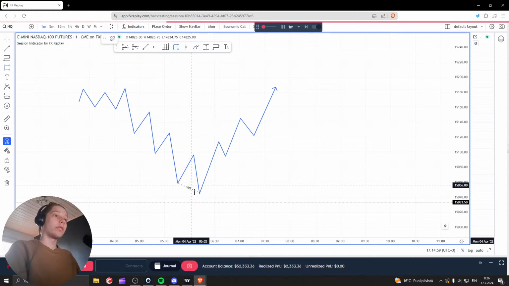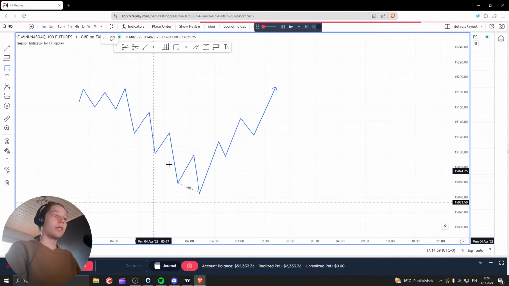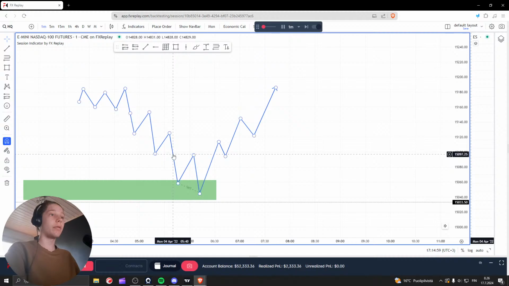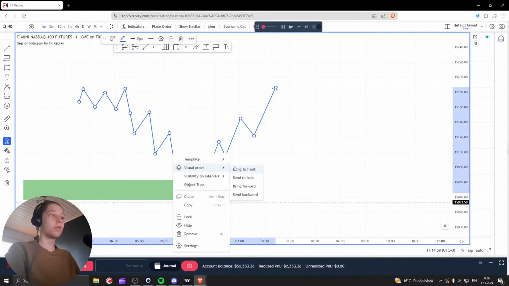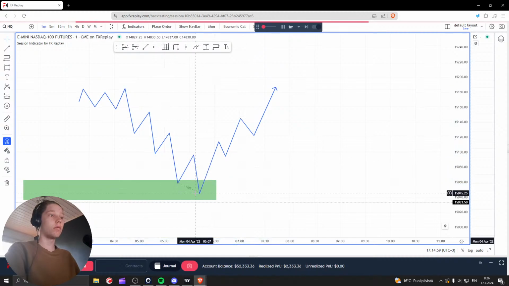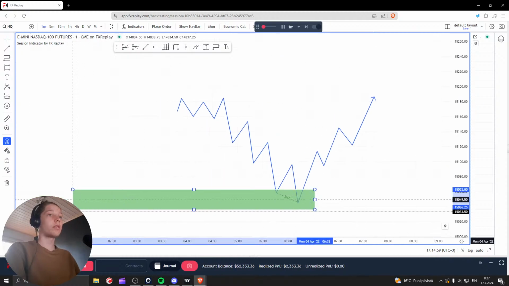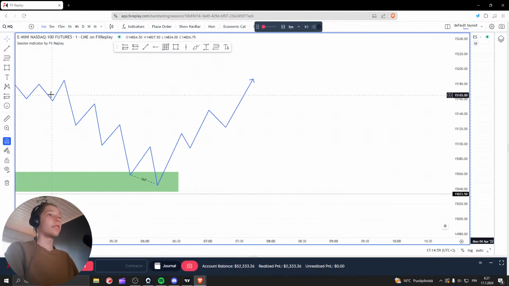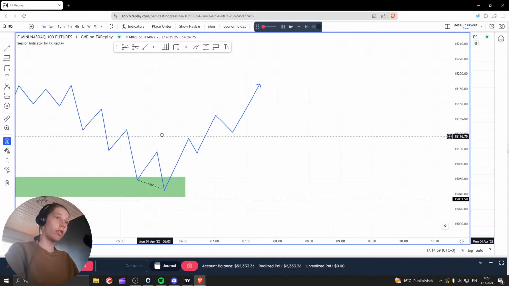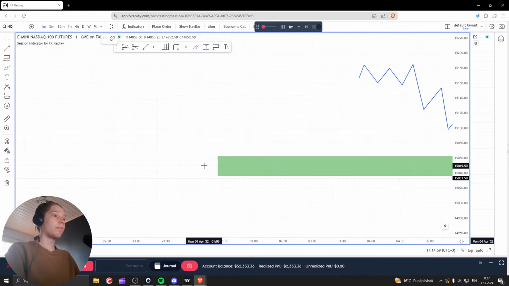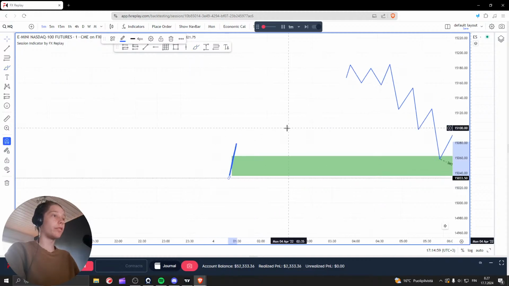Not only the SMT, we also need to see that in an area of a higher time frame PD array. Maybe, if this is a 1 minute chart, we want to see a 1 hour or 15 minute bullish fair value gap somewhere here.